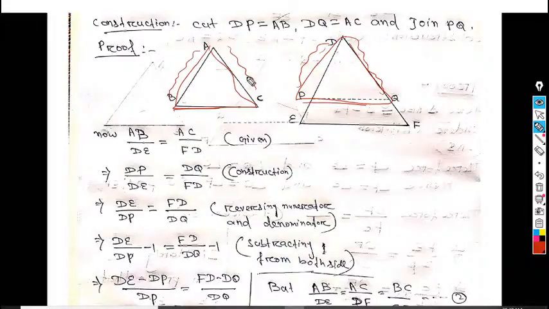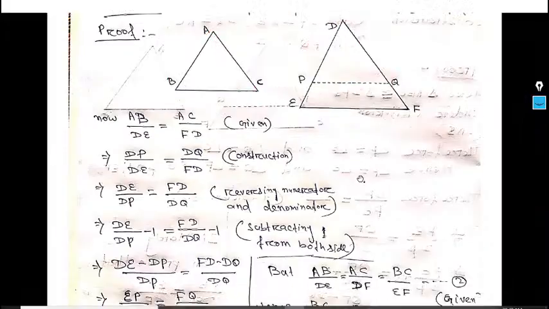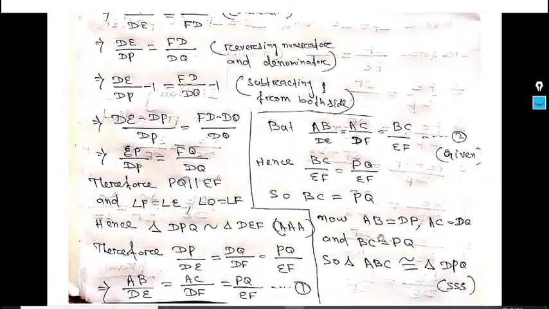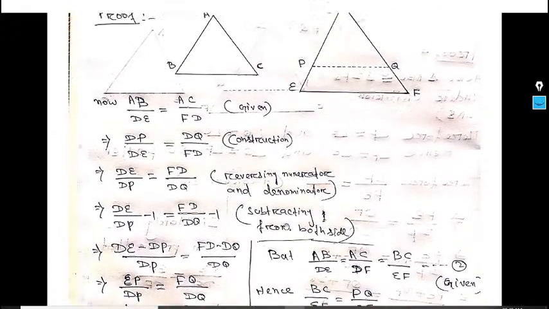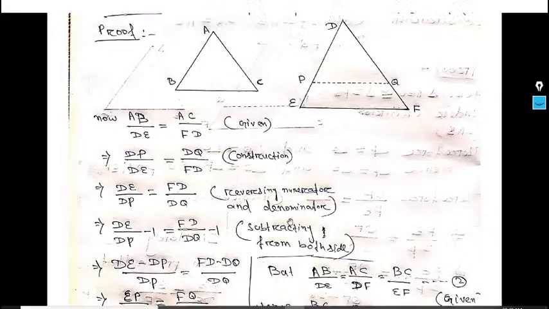Yes, that is what we have written here. AB equal to DP, AC equal to DQ and BC equal to PQ. So triangle ABC is congruent to triangle DPQ, and the criterion of congruency is side, side, side. If two triangles are congruent, then their corresponding parts must be the same.